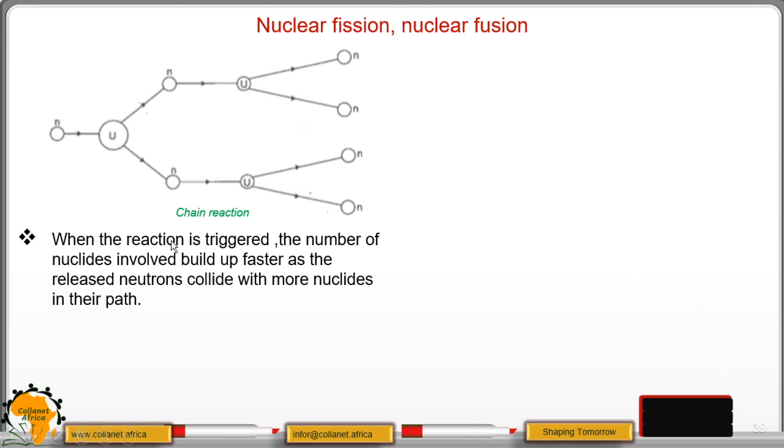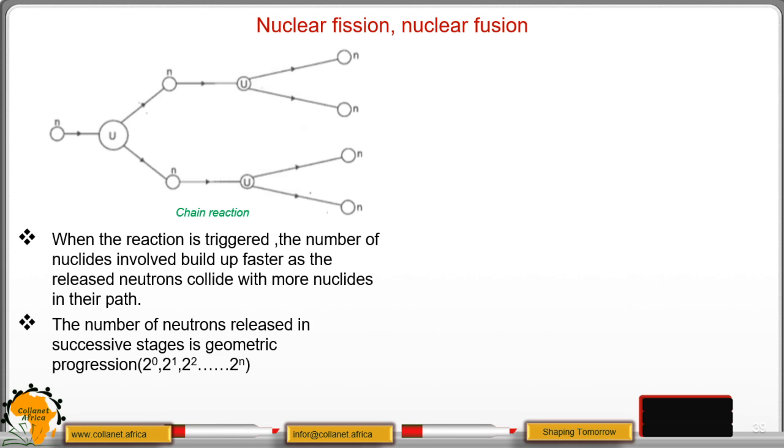Now, when this reaction is triggered, the number of nuclides involved will build up very fast, and there will be release of many neutrons colliding with many nuclides in their path. And the number of neutrons released is given by geometric progression.